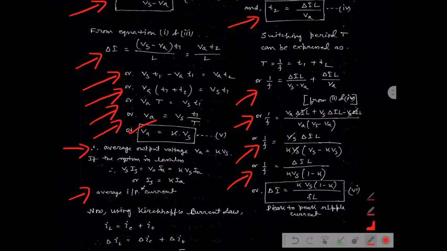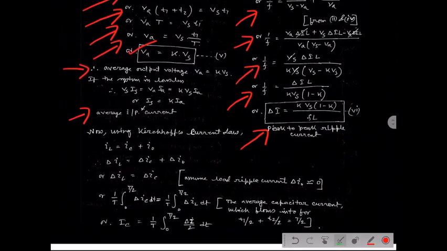So ultimately we reach the final expression, del I, the peak to peak ripple current, equal to K Vs into (1 minus K) divided by f into L.